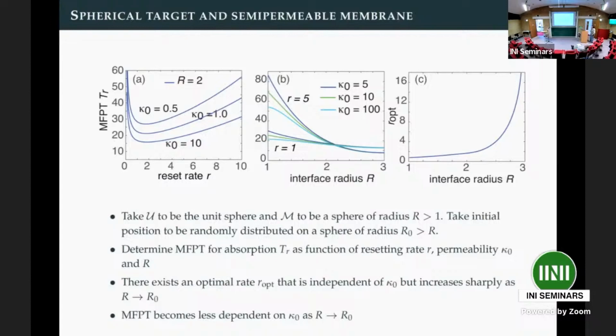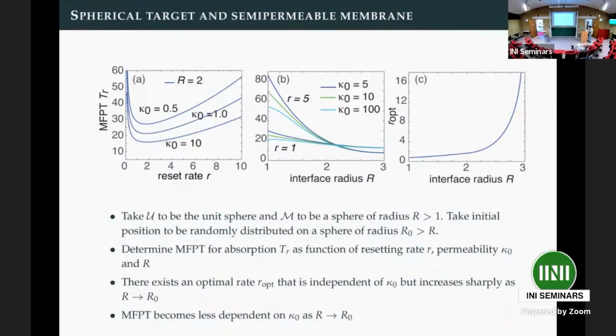And so then what I started to do was start exploring and analyzing the effects of the permeability on the mean first passage time, but also the effects of the interface radius on the first passage time and things like that. And, for me, it wasn't intuitive. So, for example, here, you'll notice the result that, so let me explain this a bit better.